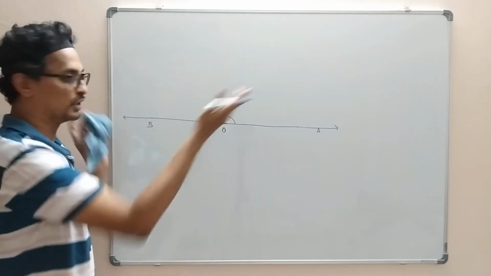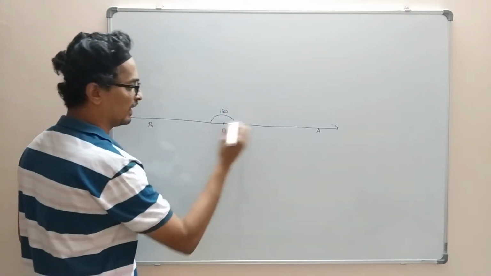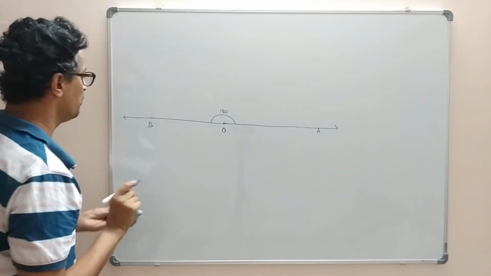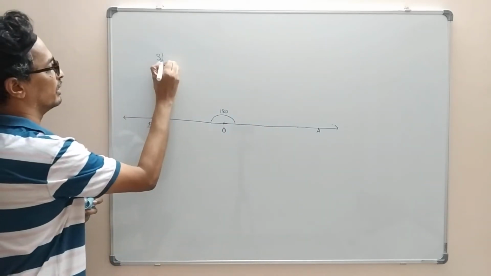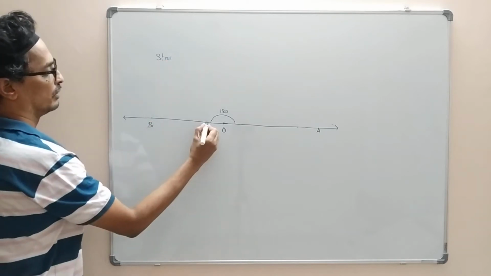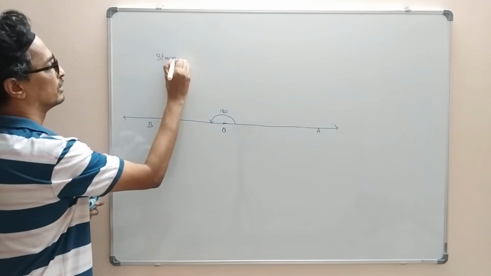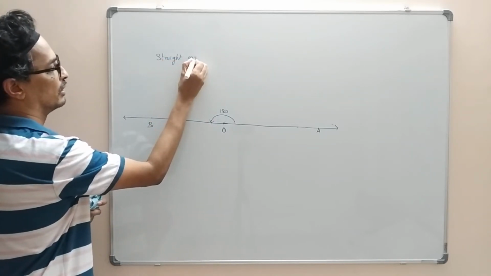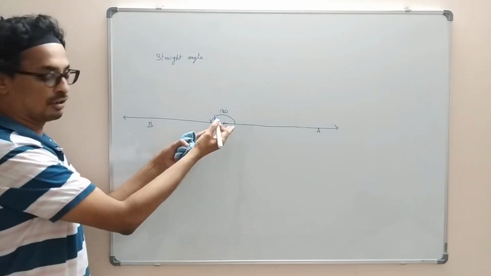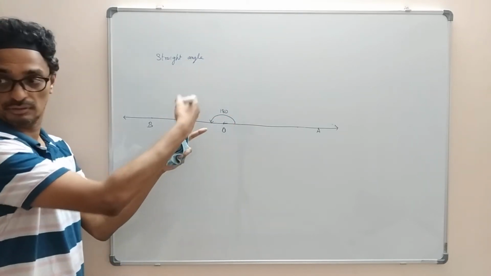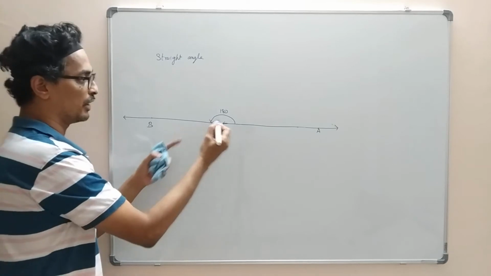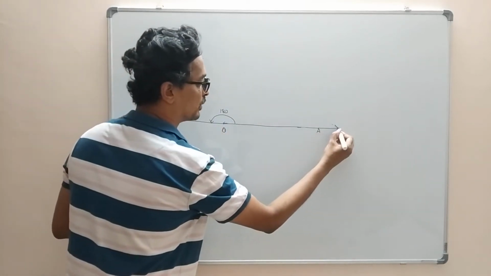It can extend from both the sides. So this angle is called your, what's the name? Straight angle. Remember, a directed angle will always have a direction. If you miss this arrow, your marks will be deducted.